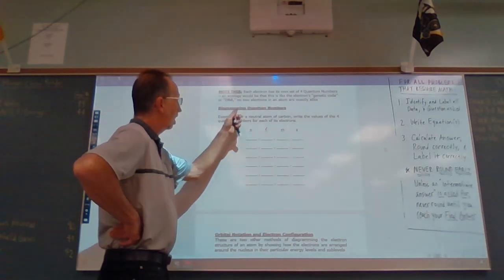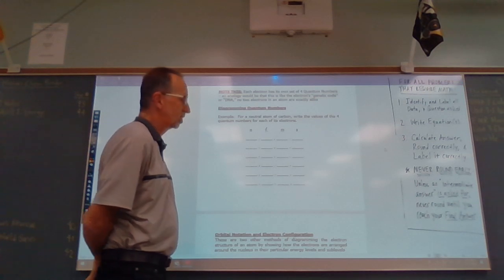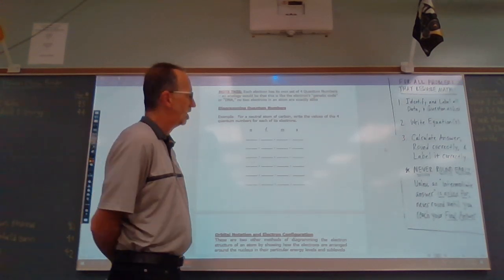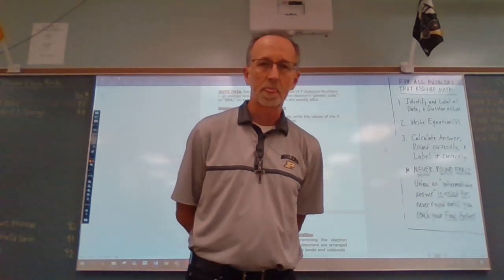Some of them share 3 of the 4 alike, but none of them share all 4. An analogy to that would be that this is like the electron's genetic code or DNA. No 2 electrons are exactly the same.